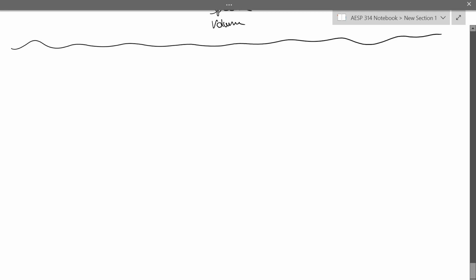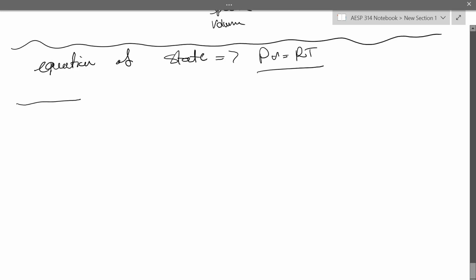Okay. Let's see. So for the ideal gas law, we said the equation of state for an ideal gas is Pv equals RT. Well, what is the equation of state for a regular gas?